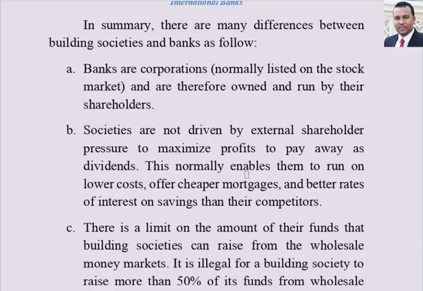What about the difference between building societies and banks? Banks are corporations and normally listed in the stock market, but societies are not driven by external shareholder pressure to maximize profits. Normally, societies run with lower costs and offer cheap mortgage loans with lower interest.